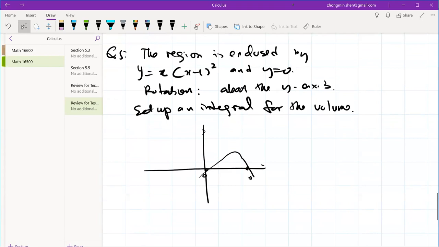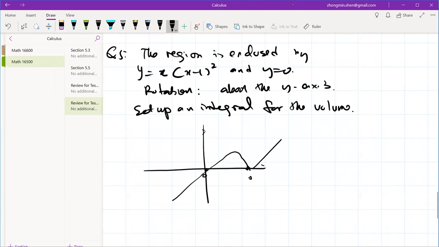I don't think it's going up, going down, okay? So the precise graph will be, actually, go up here like that. Okay.